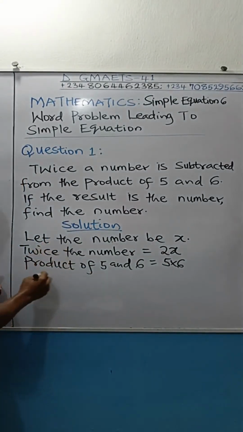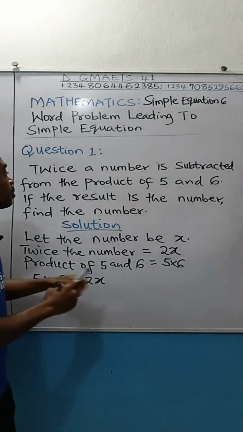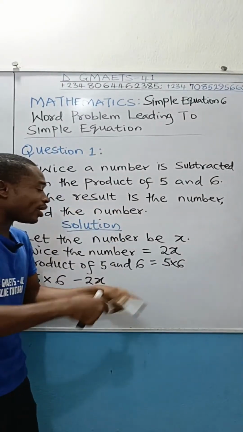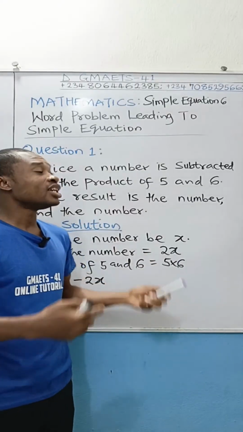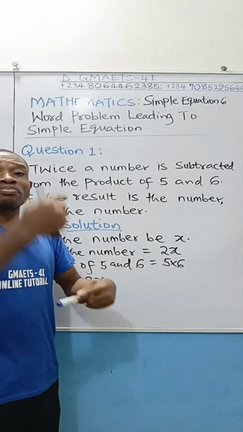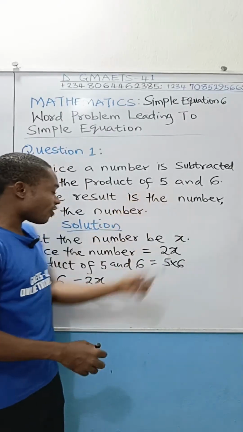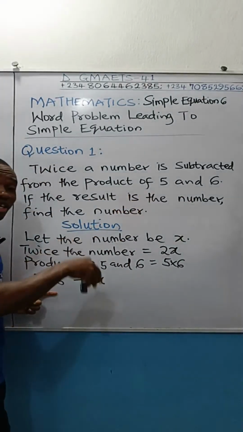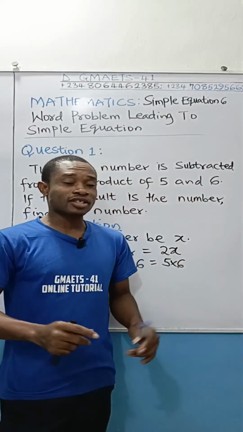So that will now mean 5 times 6 minus 2x. That is the meaning of twice a number, 2 times x, because x is the unknown number, subtracted from the product of 5 and 6. Product of 5 and 6, then you minus 2x from it. That is the interpretation of that statement.